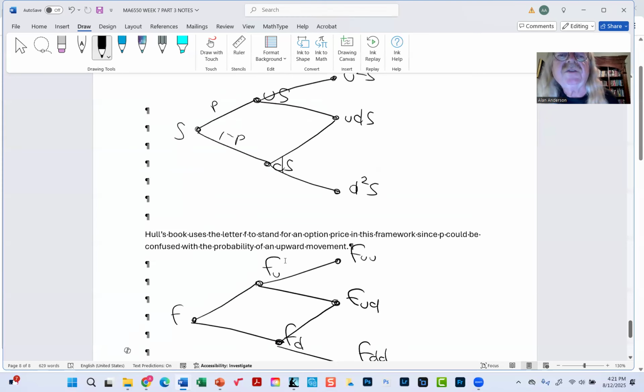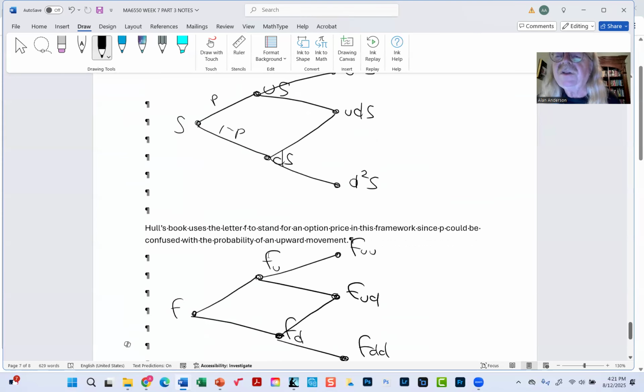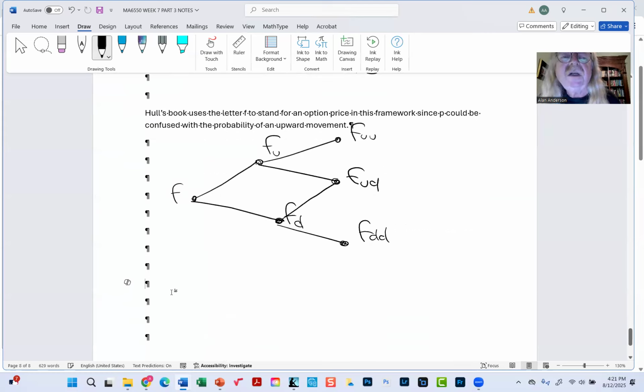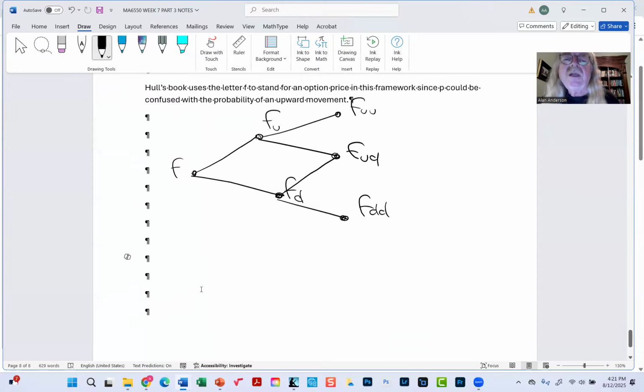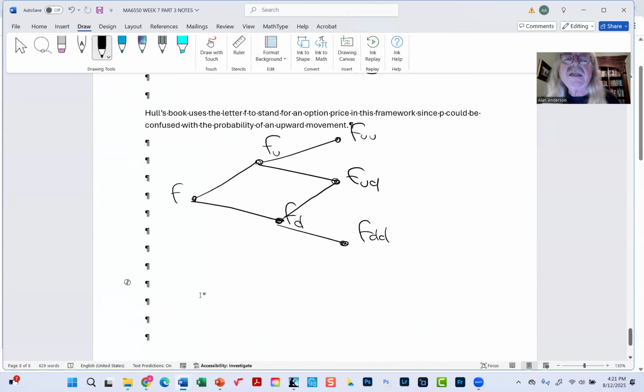Once we have our stock price tree in place, we can use it to fill in the option tree. We're going to do this not from left to right, but from right to left. Believe it or not, we're going to start in the future and work our way back to the present. Assume, just to keep it simple, that this option matures at time t equals 2.